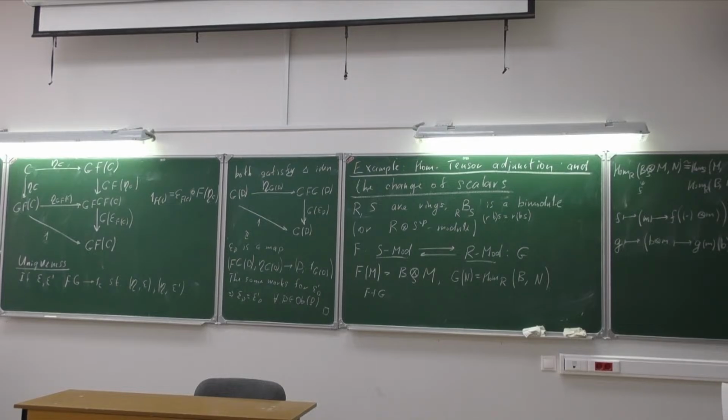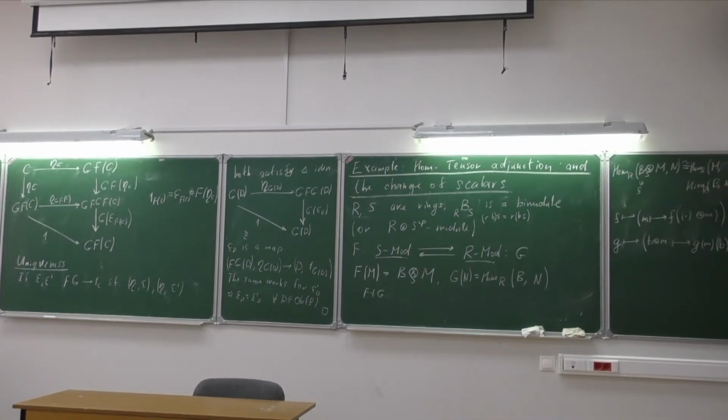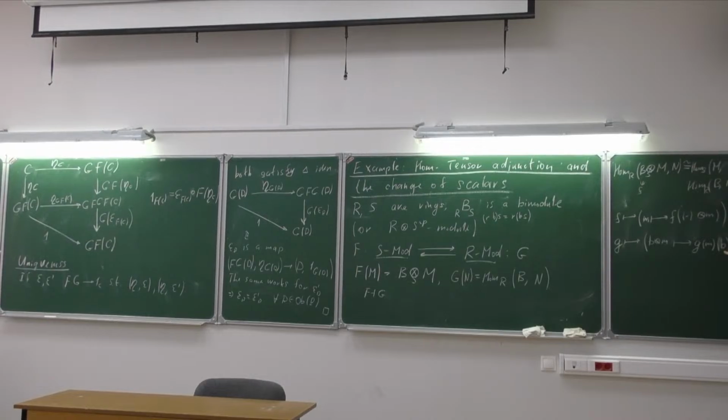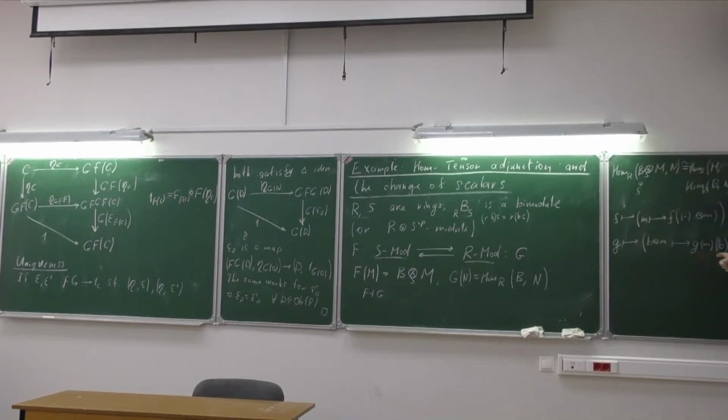Again, it makes sense because whenever you have element G, if you compute this G on an element from the module M, you still get some homomorphism, and you can compute this homomorphism on the element b, and when you do this, you get some answer, which is an element in N. So I think the formulas make sense.